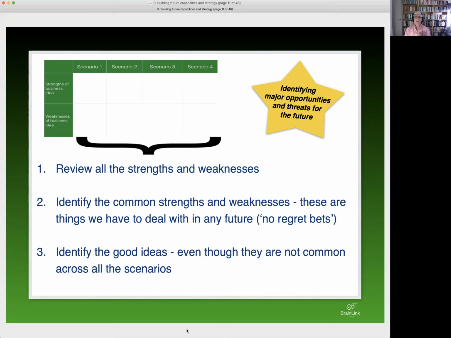Now, just a pointer on that, you may find that in one of the worst scenarios, what I often call the death scenario, which is a scenario where it's particularly unattractive for your business idea, you're forced to think of some things to do in order to survive and thrive in that lousy, unattractive scenario. And you may think, well, this is such a good idea that we won't only do that in the worst case scenario, we'll do it across the board, because that is really a good idea.